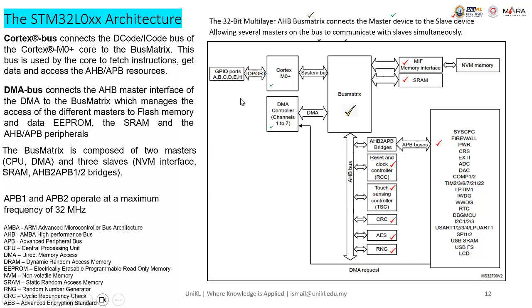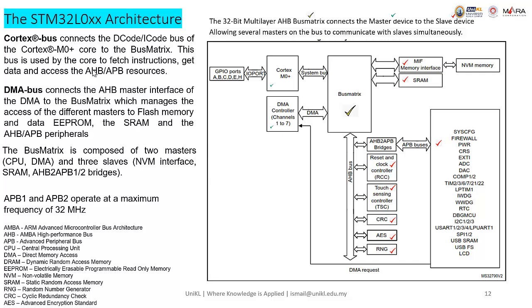Then the Cortex bus connects the D-code and I-code bus of the Cortex M0 core to the bus matrix. So we have the bus matrix here. This bus is used by the core to fetch instructions, get data, and access the AHB. What is AHB? AHB stands for AMBA High Performance Bus, or APB, Advanced Peripheral Bus resources.